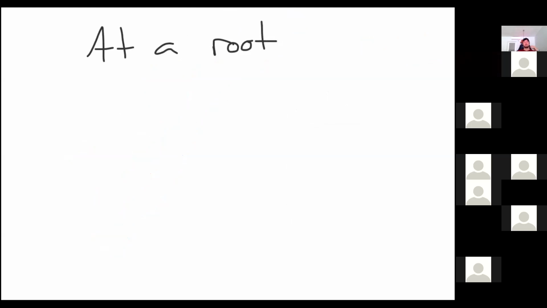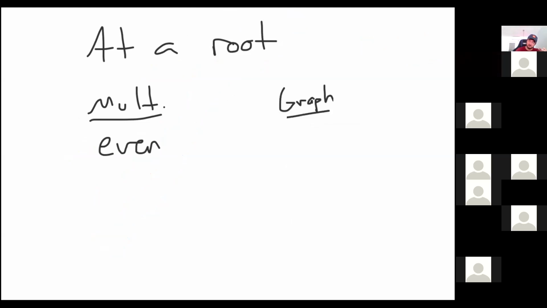And so when we're sketching our graphs at those roots, in the videos you would have seen that if you have a multiplicity, I'm just going to shorthand it as mult, of our root here, if it had an even multiplicity, this means on your graph, you kind of bounce off the x-axis. Let me write bounce off x-axis.